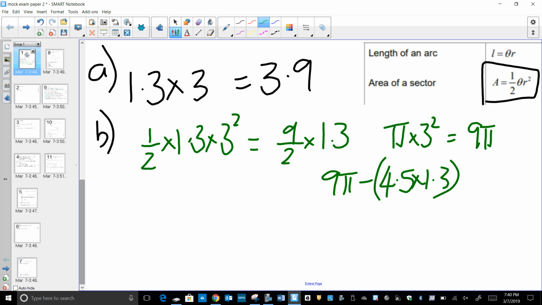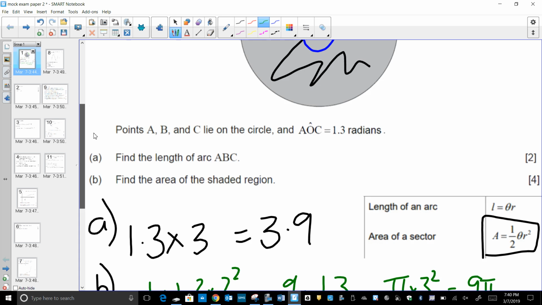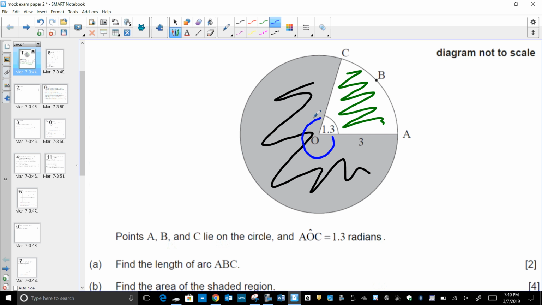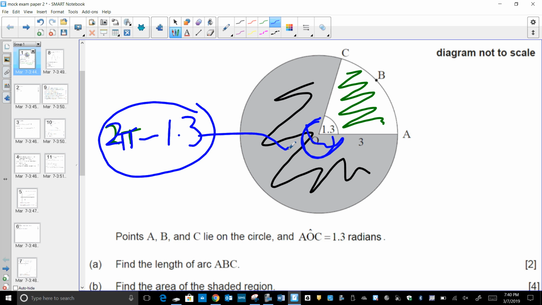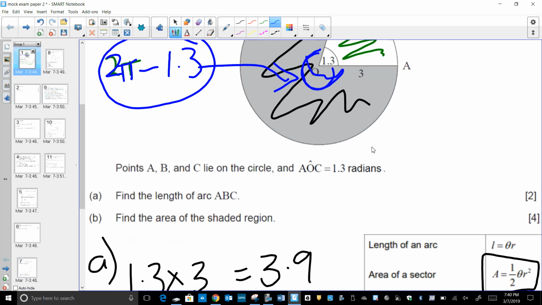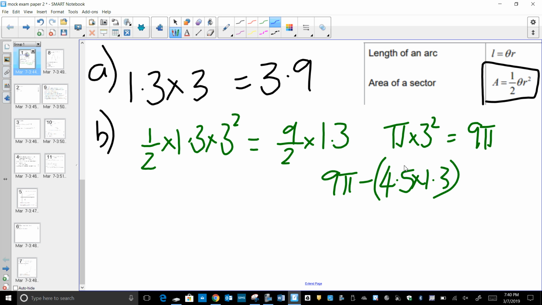Alternatively, you can do the blue method, so find this angle, and we know that a full circle would be 2 pi. Oh, why isn't this blue? 2 pi, and then we're going to subtract 1.3, and this is going to give us this angle here. So we would have a half multiplied by 2 pi minus 1.3 multiplied by 3 squared.